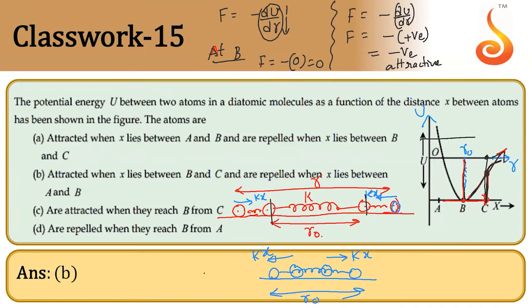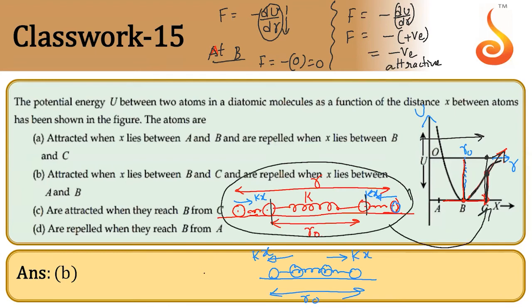Distance is measured from here. More than the mean distance, right? If the interatomic separation is more than the mean distance, then the force on the atoms would be attractive. This is the point C concept.